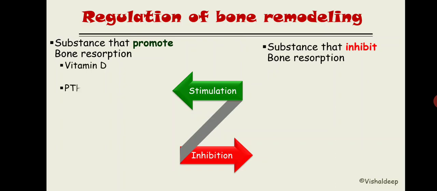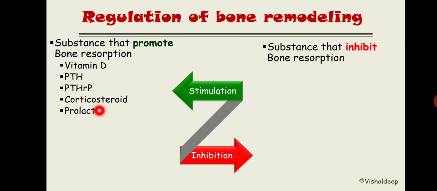These are vitamin D, parathyroid hormone-related peptide, parathyroid hormone, corticosteroids, and prolactin, right? Remember that vitamin D and parathyroid hormone promote bone resorption, and corticosteroids will also resorb bone. So in corticosteroid side effects, there is more bone resorption, which ultimately leads to fracture.